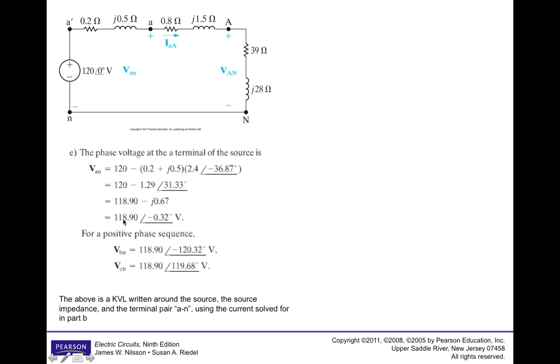We can't even say we have 120 angle 0 at the source, because we're losing some of that in the generator itself. So what's really coming out of the source is this 118.9 angle minus 0.32. That also gives you an idea how close this is to your ideal voltage, and how much loss you have this time just in the generator. So kind of interesting to look at some of those numbers.